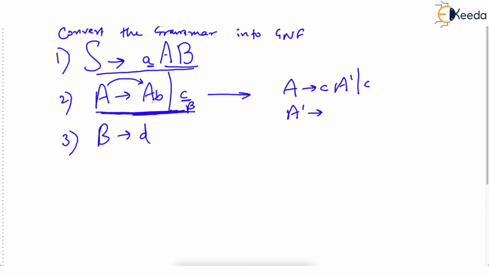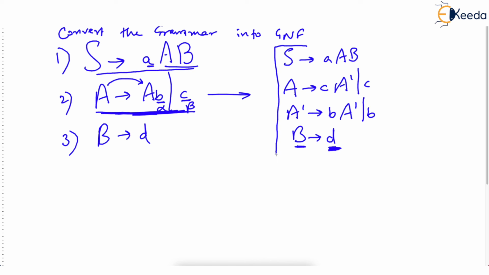A dash is alpha, and alpha is this B, so B A dash, or simply alpha. That's it. The first production was anyway in GNF, and the last production B derives D is anyway in GNF, because capital B derives small d, only a single terminal on the right hand side. Then this entire grammar is in GNF. Every production is in GNF.